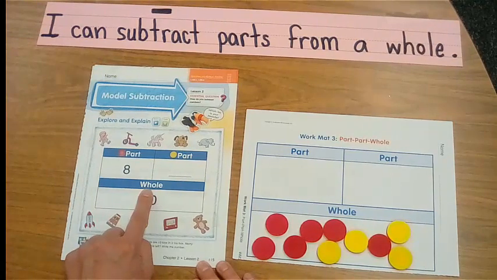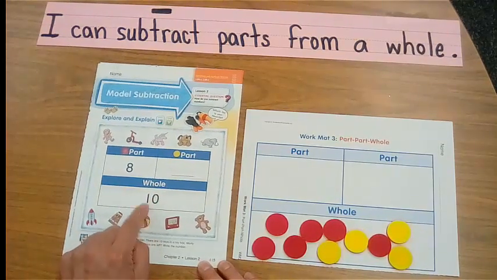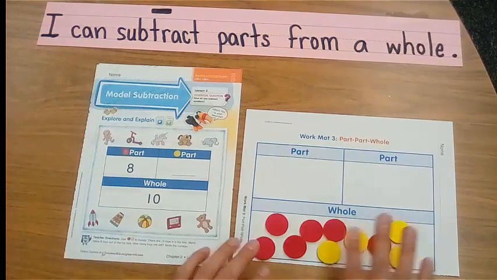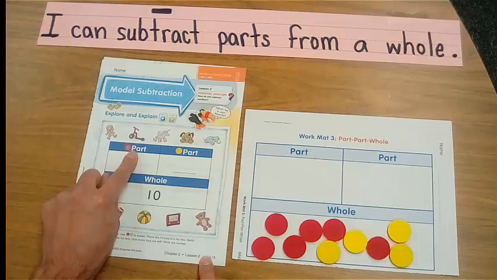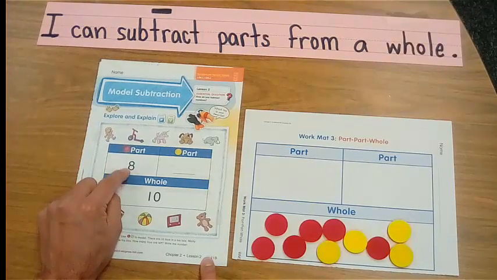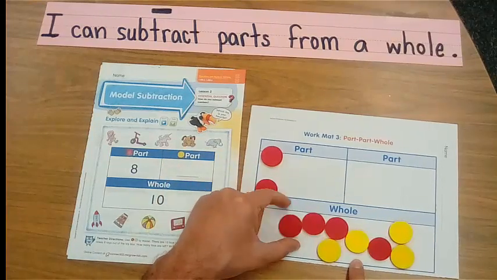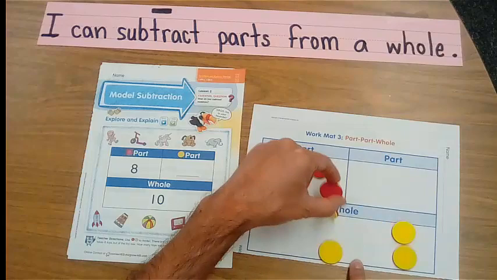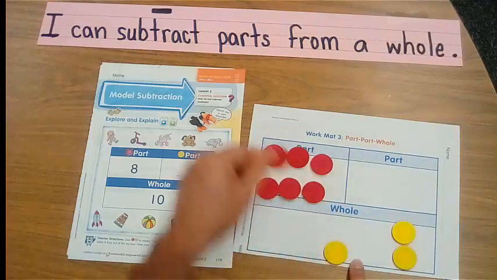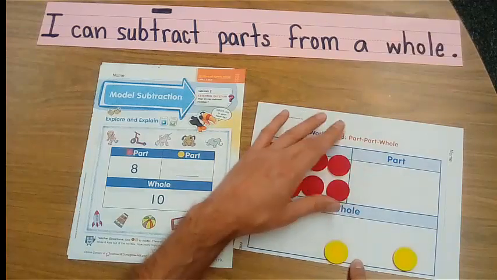Now it says, how many counters are we supposed to have? 10. So 10 is the whole. So I have 10 counters right here. And so it tells us one of the parts. It says that there should be 8 red counters. So let's move 8 counters up here. Now if you don't have enough red ones, you could flip them over until you have 8 counters.